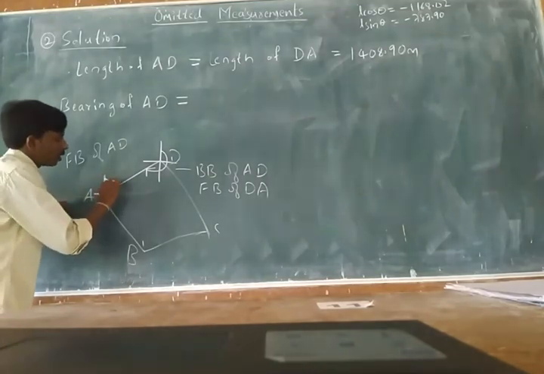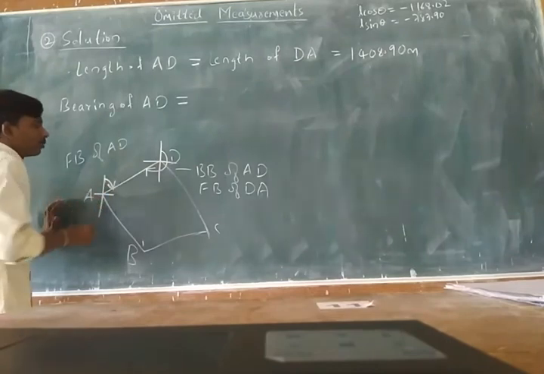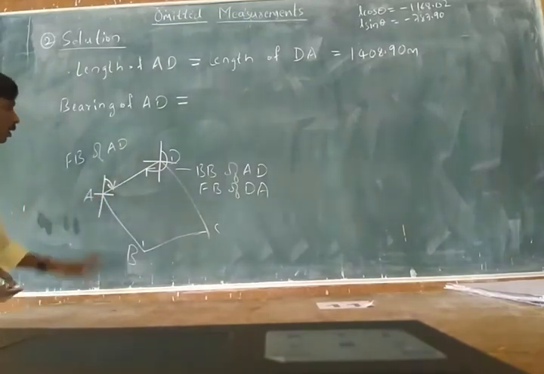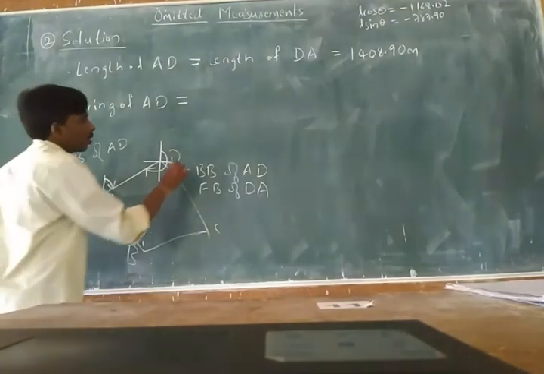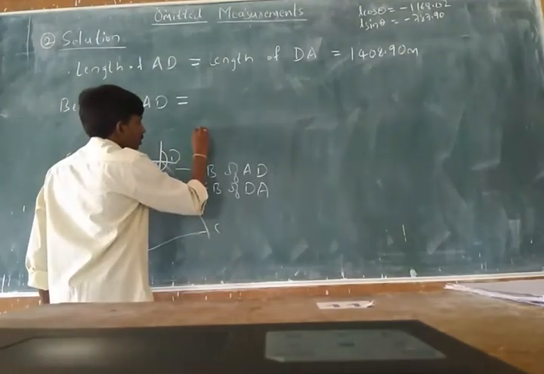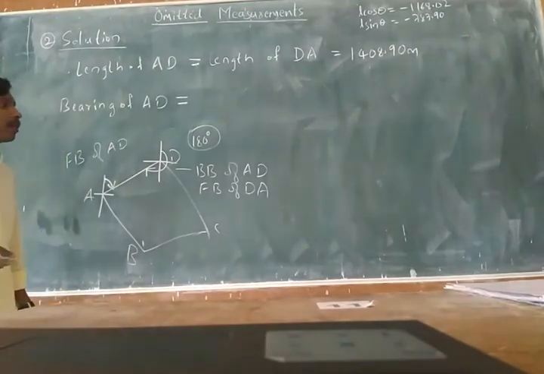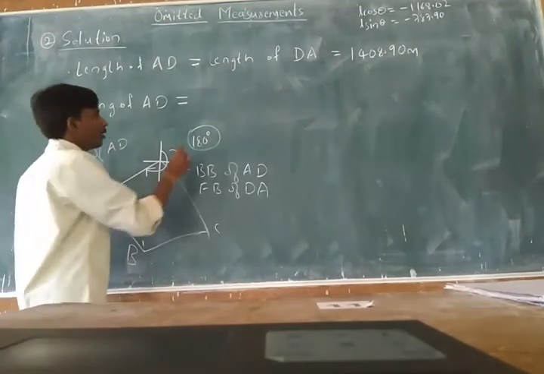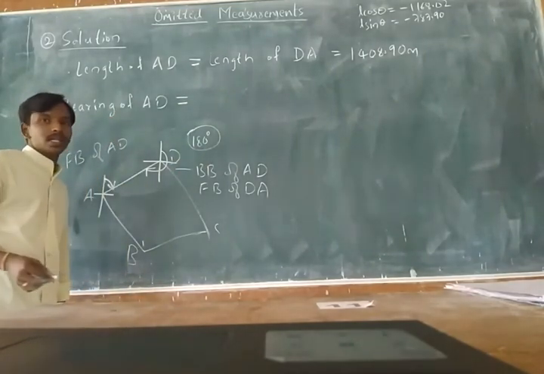This is the forebearing and this is the back bearing of the AD line. The difference between these two bearings will be 180 degrees. Always forebearing and back bearing will have a difference of exactly 180 degrees. So that is the principle.